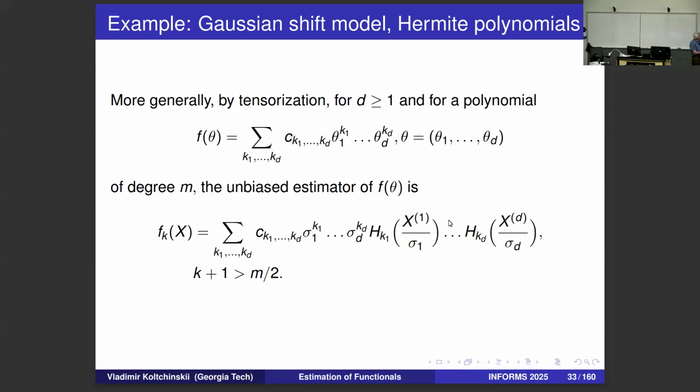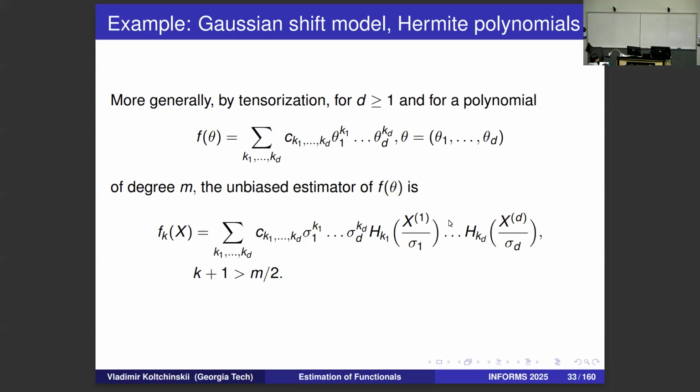And this will be given by this expression. There is some dependence on the variances now. It's kind of easy to figure out from all these relationships that I described, and from the tensorization property, there are multivariate versions of this.